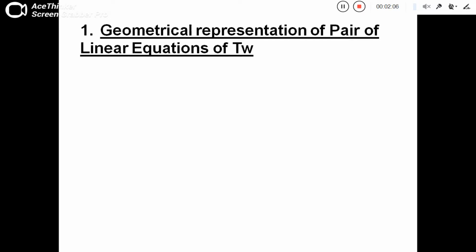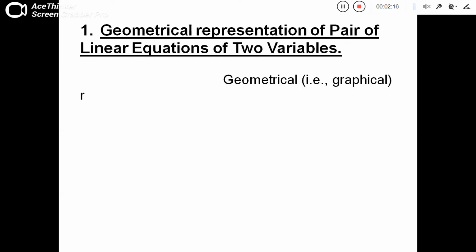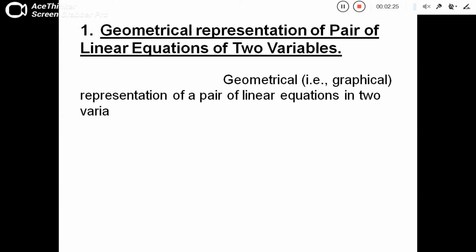See the geometrical representation of a pair of linear equations in two variables. As you know, the geometrical, that is graphical, representation of a linear equation in two variables is a straight line.